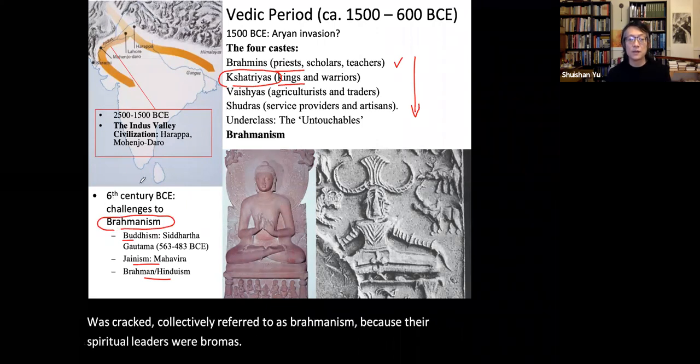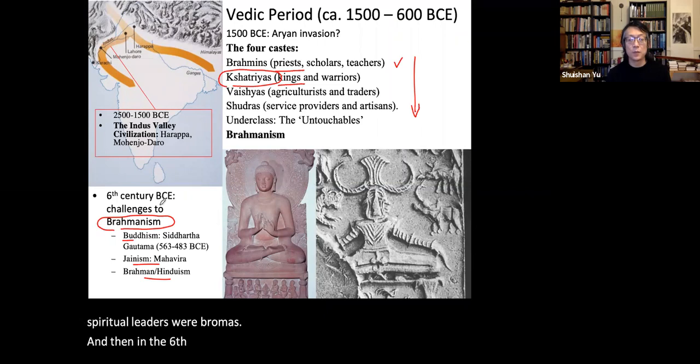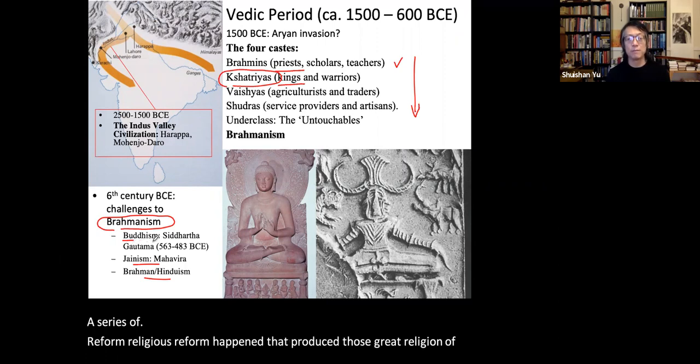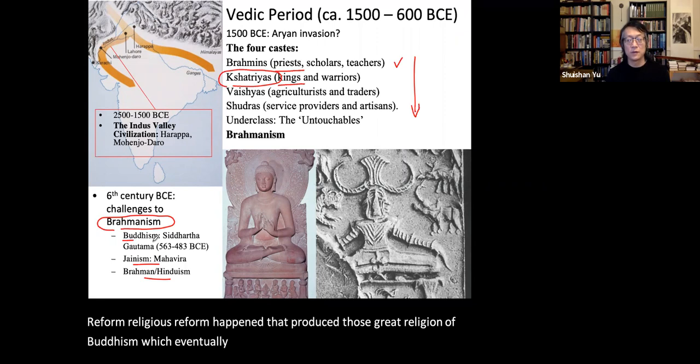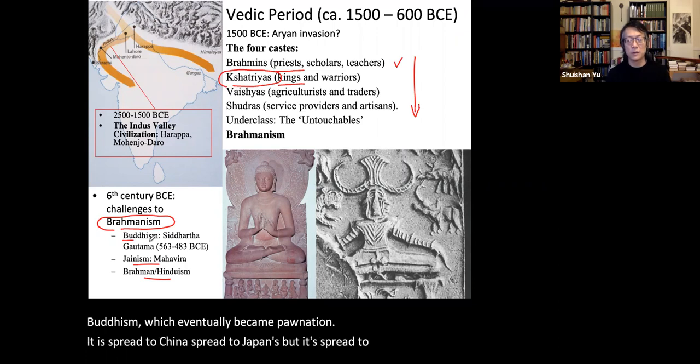And then in the 6th century BCE, a series of religious reform happened that produced those great religion of Buddhism, which eventually became Pan-Asian. It spread to China, spread to Japan, spread to Mongolia, all over the world, and Southeast Asia.